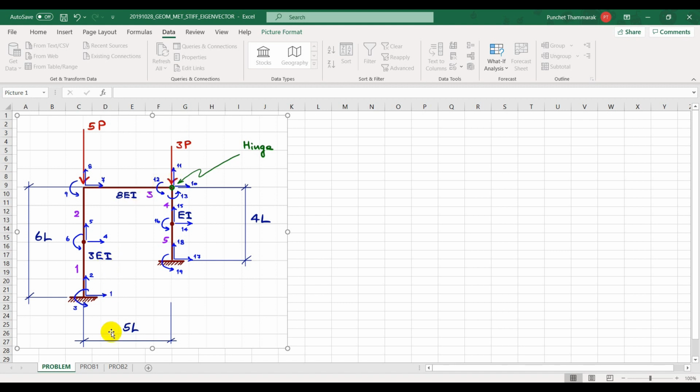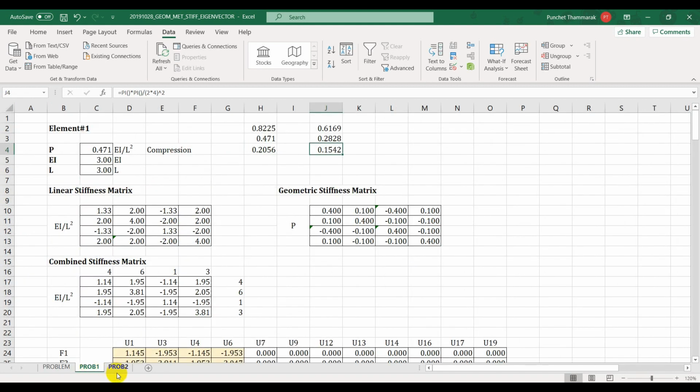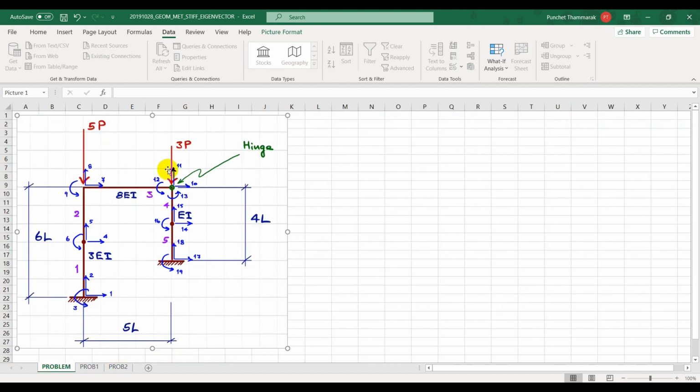Okay, so you can do more, alright? If you wish to change whatever the distribution, you can play around, but you cannot have the lateral load applied over here in order to use the eigen buckling analysis.